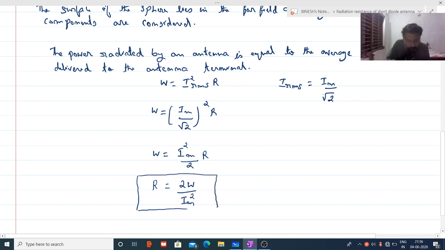So keep in mind this. In general I can write it as RR, or radiation resistance, which is nothing but 2W by Im square. So we will find the equation for W, the power radiated by the antenna, and based upon that we will be able to calculate the equation for the radiation resistance. I think this is clear for you.